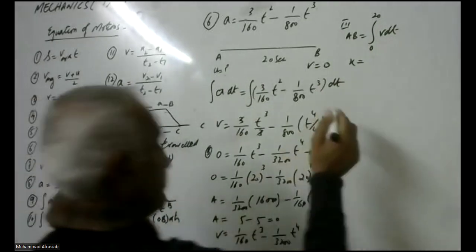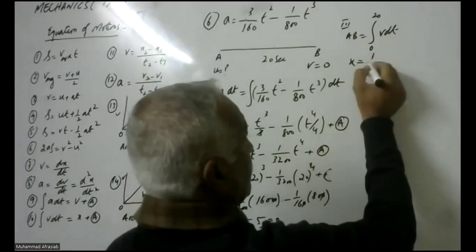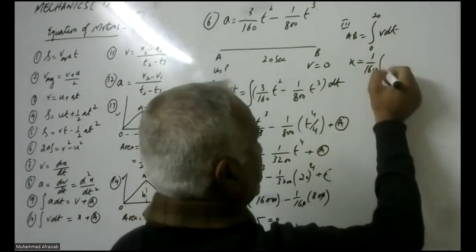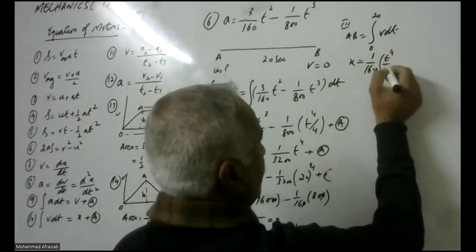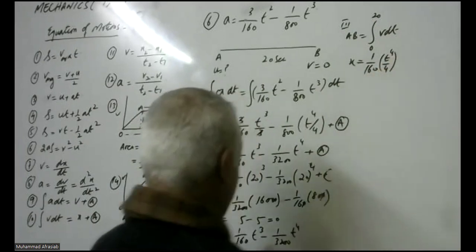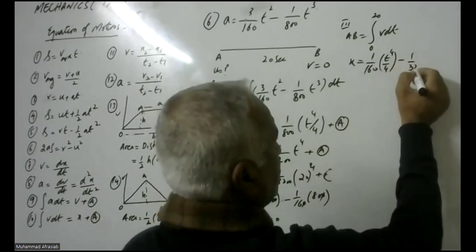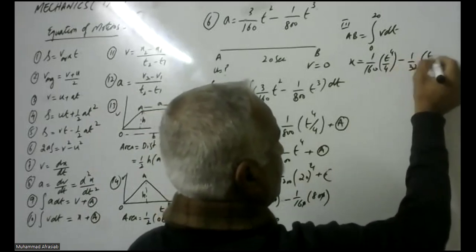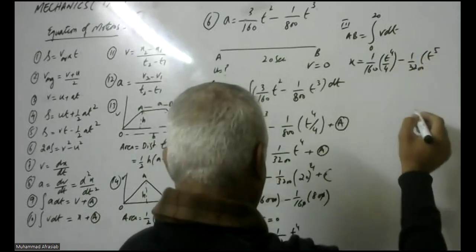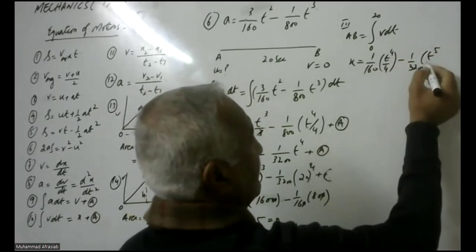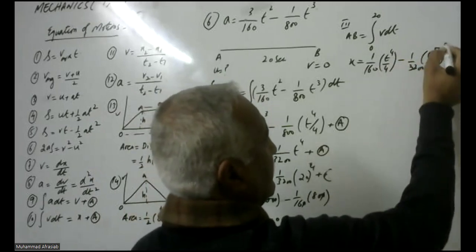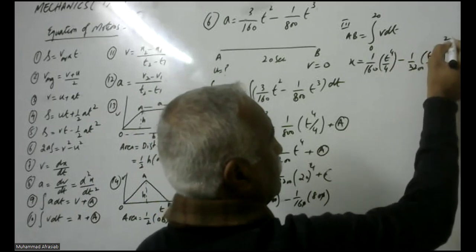So this will become 1 over 160 times t to the power 4 over 4 minus 1 over 3200 times t to the power 5 over 5, and the limits are 0 to 20.